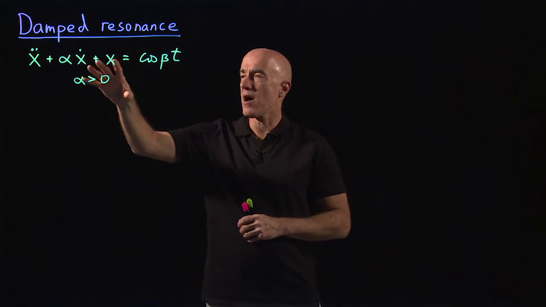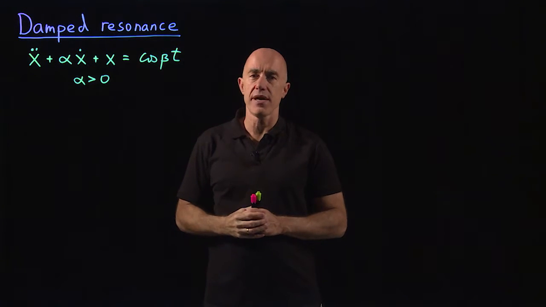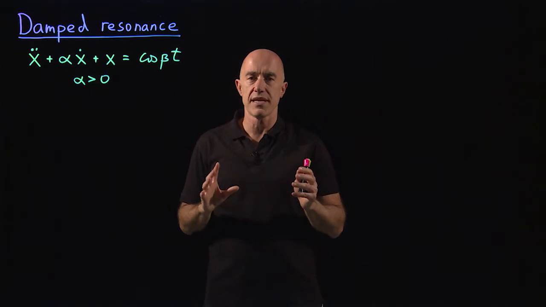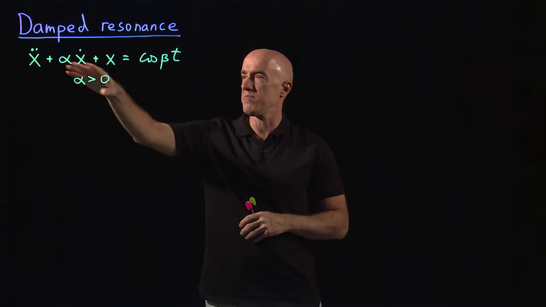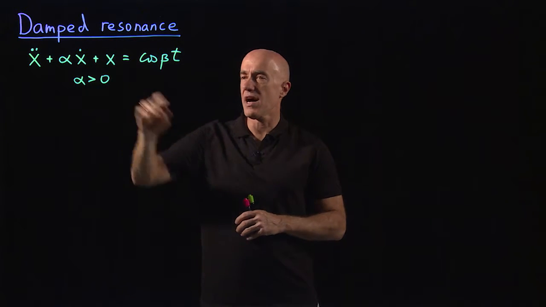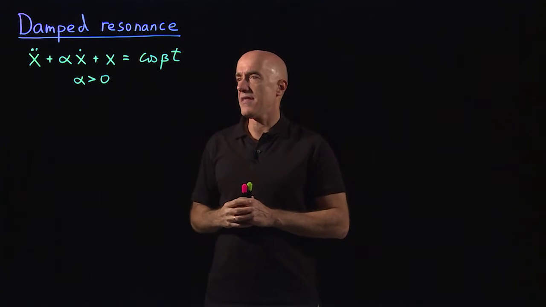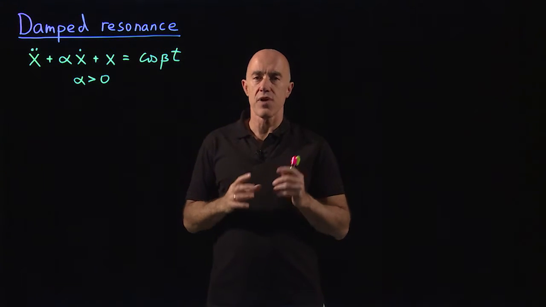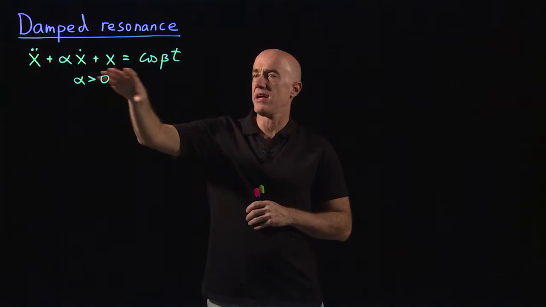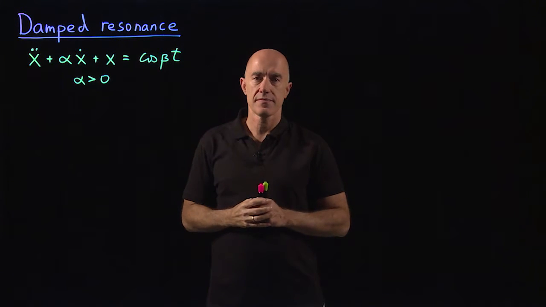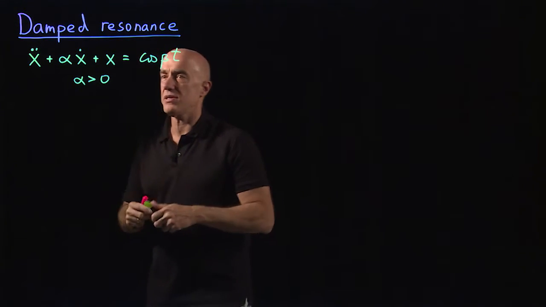A key feature of this equation is that alpha is positive, and alpha represents the damping being proportional to the velocity. So let's solve this equation, and then we'll look at the solution at resonance. Resonance here means that beta would be equal to 1. Okay, how do we solve this equation?